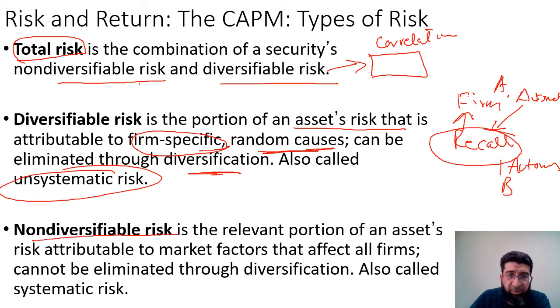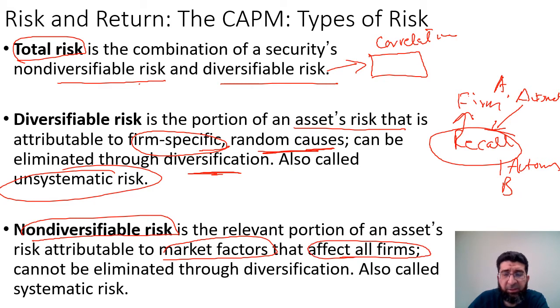So non-diversifiable risk is the relevant portion of an asset's risk attributable to market factors that affect all firms. For instance, inflation affects all firms. Exchange rate or some other macro risks, they affect all firms. Only that we don't know the real form of this risk.